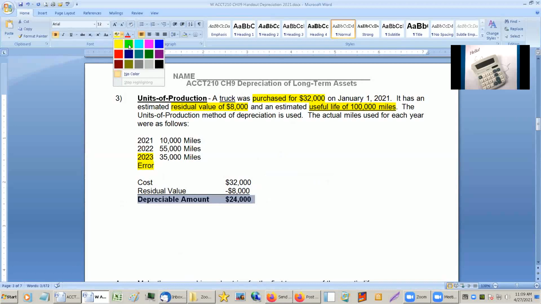Up until this point, it's exactly like the straight line method.